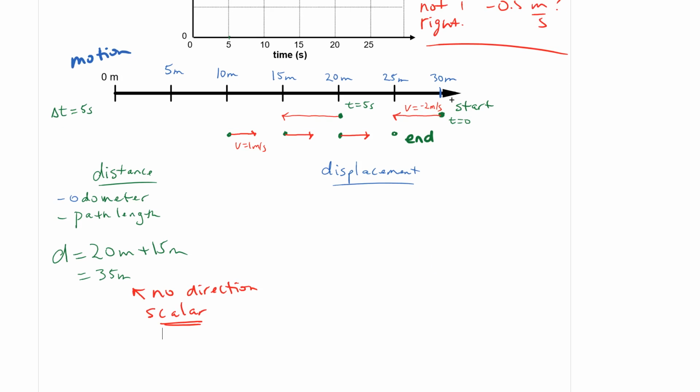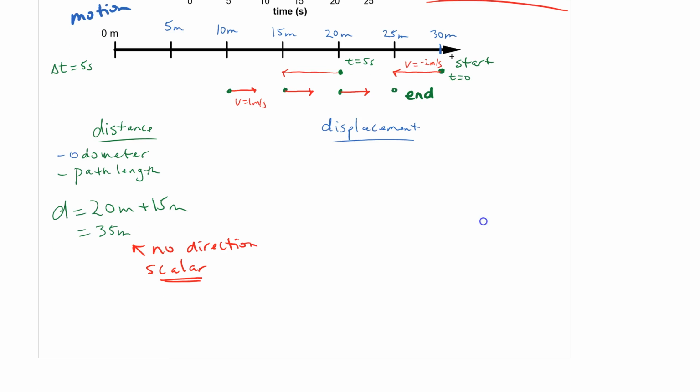So the next thing that would be the scalar that goes with distance is speed. So now I'm going to say speed is equal to distance over time. So in this case, my distance was 35 meters divided by, well, how many seconds went by?